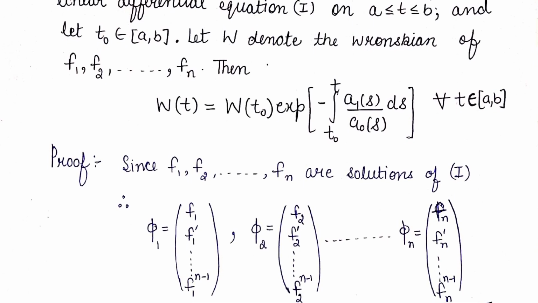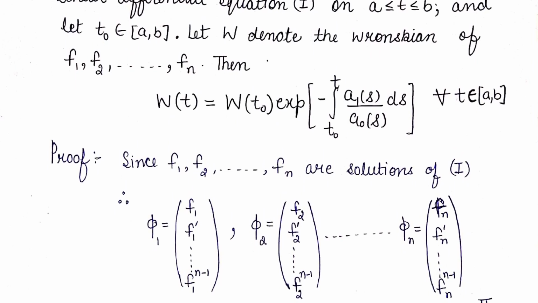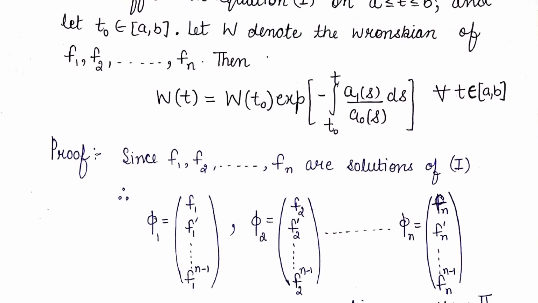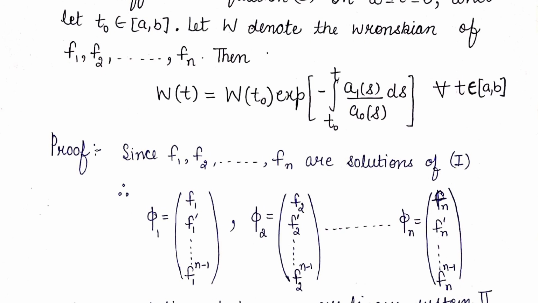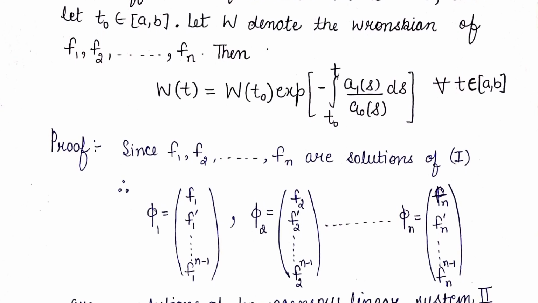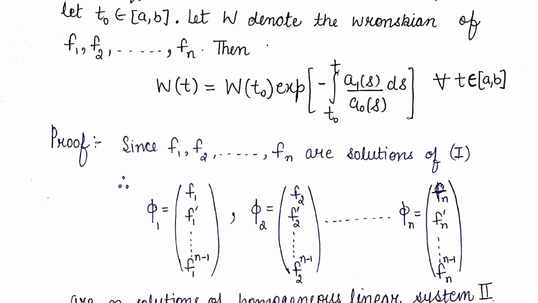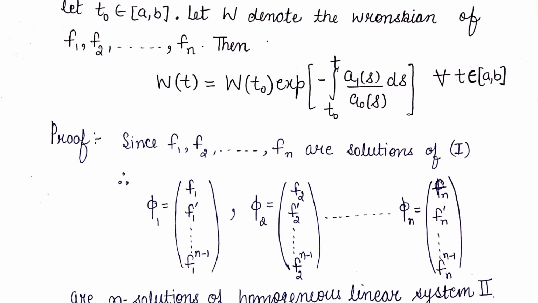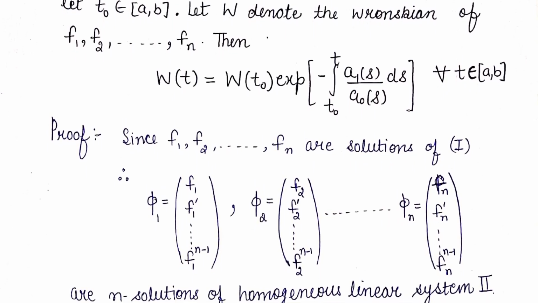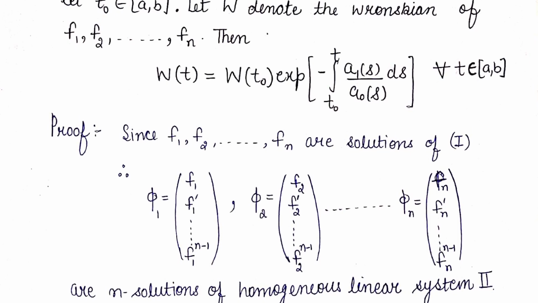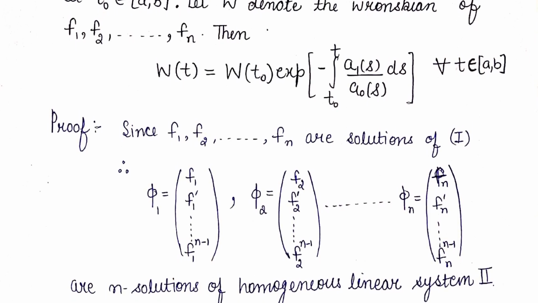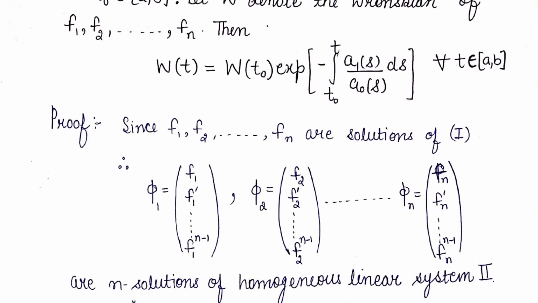Since f1, f2, fn are solutions of 1, corresponding to these functions we can write the solutions for the system of n equations. Let phi1, phi2, phi n denote the solutions for the system of n equations corresponding to the nth order differential equation.